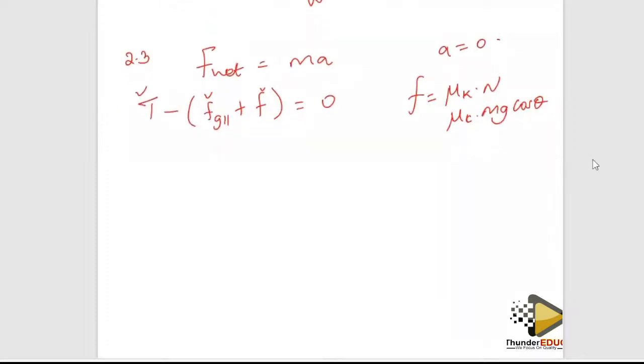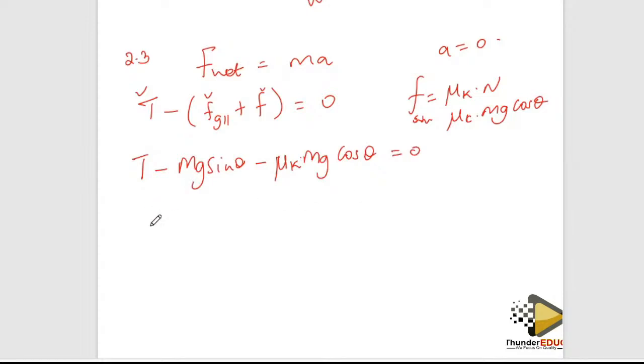So I'm going to use that. That is F_g perpendicular, something like that for the frictional force. Okay. So our tension minus mg sin theta, minus mu_k times mg cos theta must give us 0.